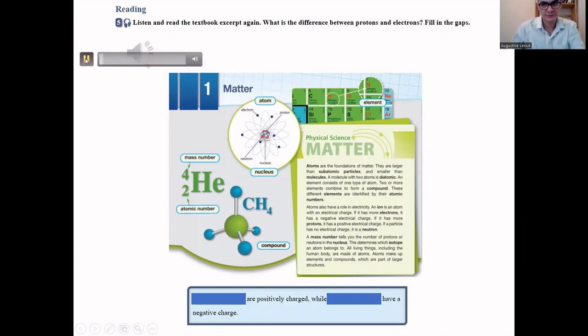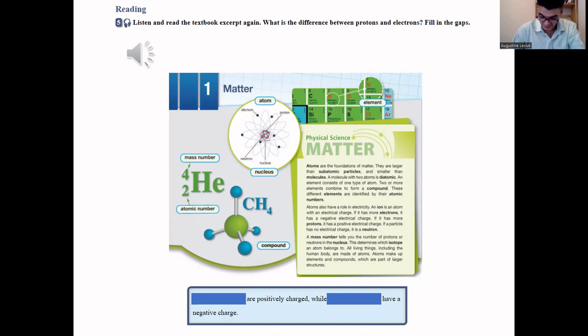Unit Book 2, size 5, page 5. Physical science. Matter. Atoms are the foundations of matter. They are larger than subatomic particles and smaller than molecules. A molecule with two atoms is diatomic. An element consists of one type of atom. Two or more elements combine to form a compound. These different elements are identified by their atomic numbers. Atoms also have a role in electricity.